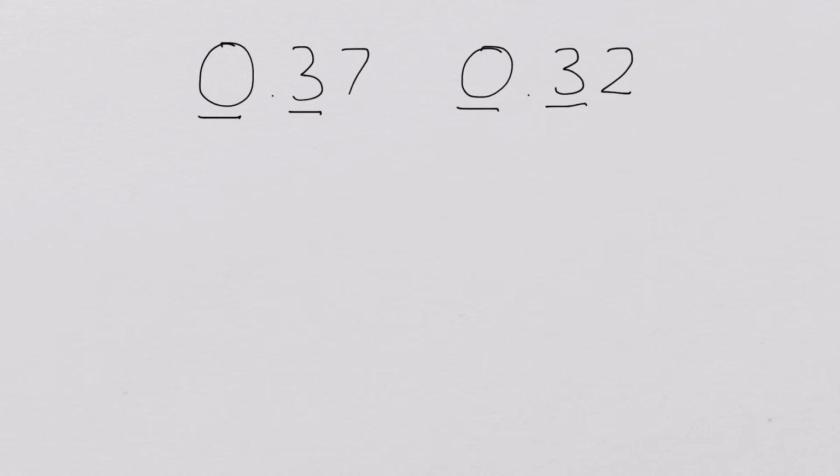So we have to go to the hundredths. Here we have a 7 hundredths, and we have a 2 hundredths. What's bigger, 7 or 2? 7 is bigger than 2, so 0 and 37 hundredths is greater than 0 and 32 hundredths.